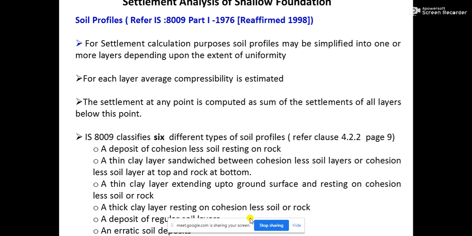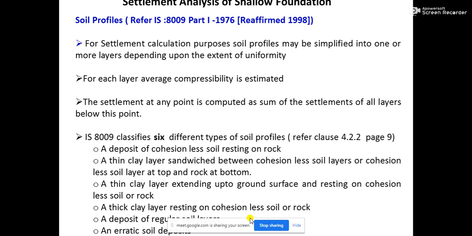Exactly the same way we should be able to calculate the settlement property of soil also in the case of a regular soil layer deposit. However, you may also expect an erratic kind of soil deposit.